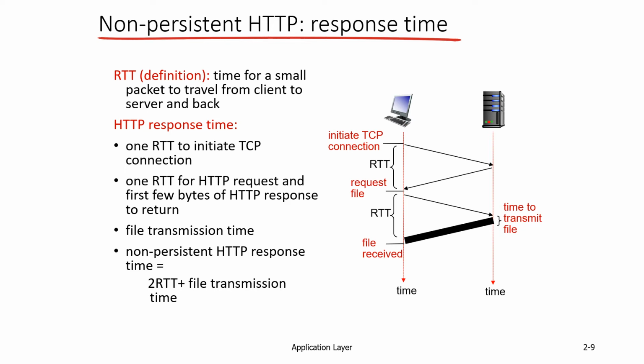So if you have 10 objects, that basically means you need at least 11 round trip times. One round trip time initially to get the index.html file, and then 10 more round trip times to start a request and response for each of the 10 individual objects included in that web page.